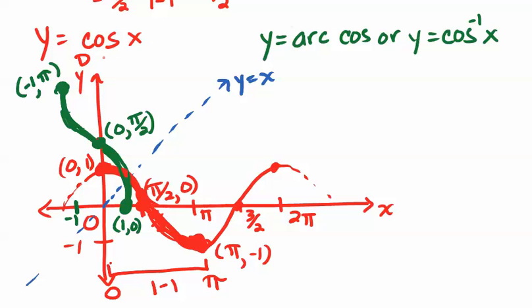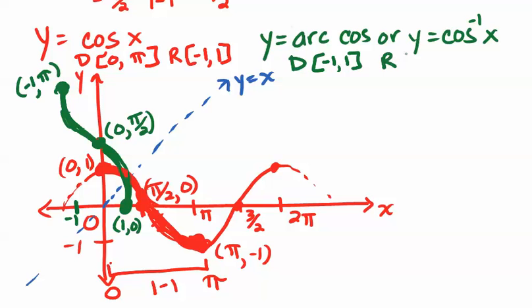For cosine, we limited the domain to 0 to pi, and that becomes the range on our inverse. And the range of our cosine graph went from negative 1 to positive 1. So for our inverse function, our domain is negative 1 to 1, and our range is 0 to pi.